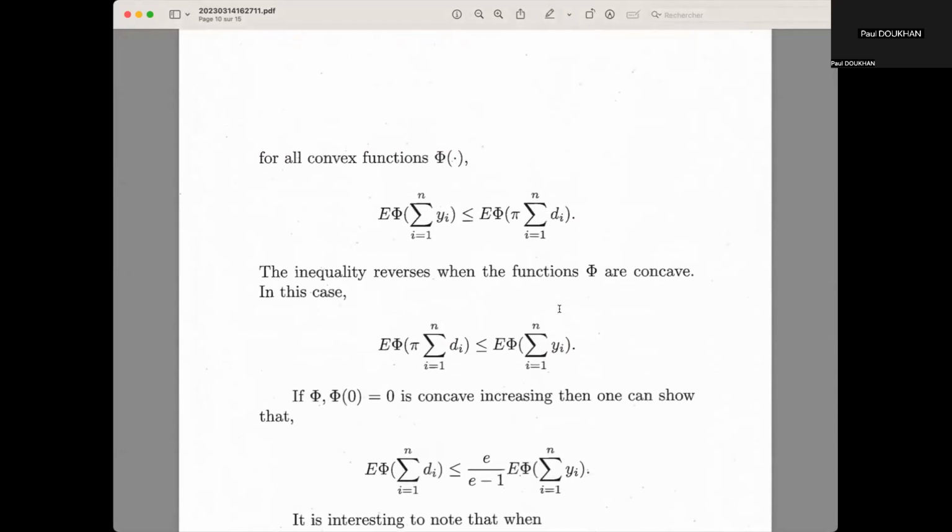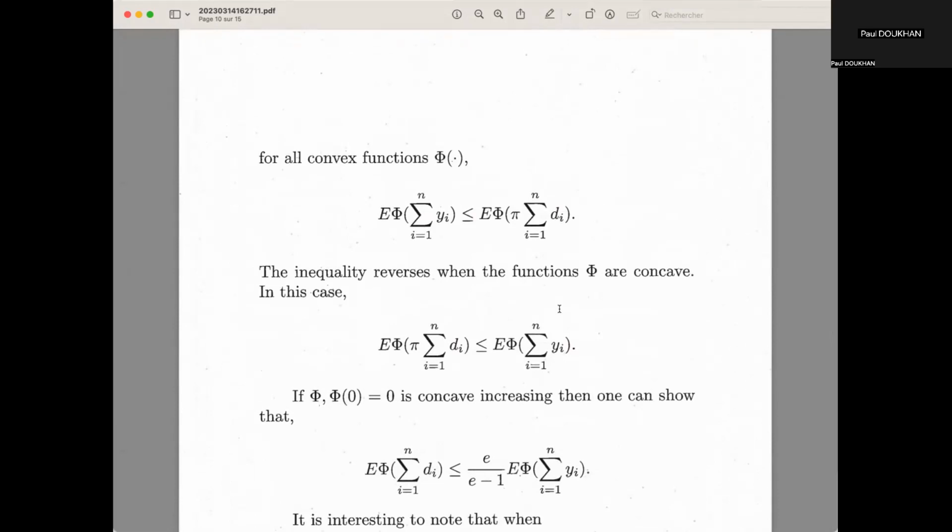If you take a convex function phi, then for any convex function, the expected value of phi of the sum of the y_i's is less than or equal to the expected value of phi of pi times the sum of the d_i's.